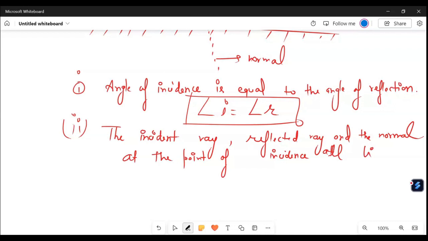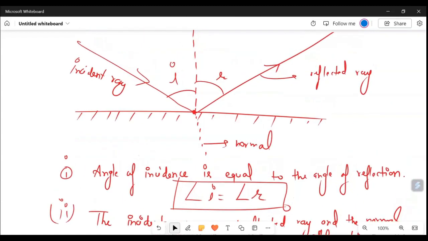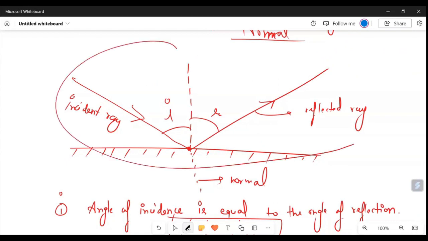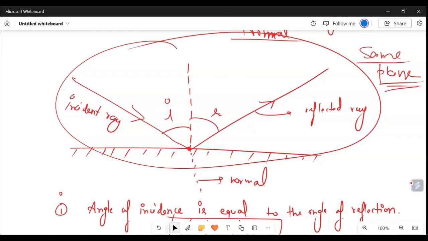What is the same plane? Suppose you are looking at your notebook; that notebook is your plane. When you are drawing this light, all the drawing is in the same plane. You are not making a 3D structure, you are making a 2D structure. So all lie in the same plane.